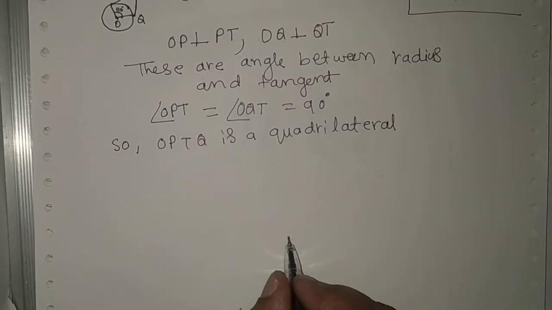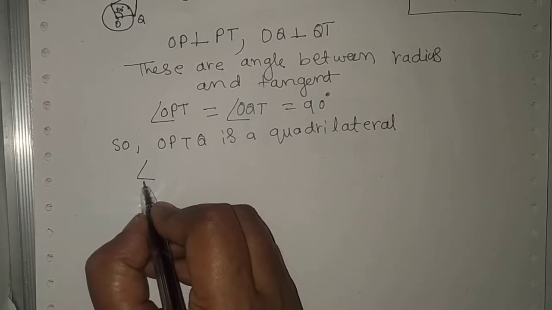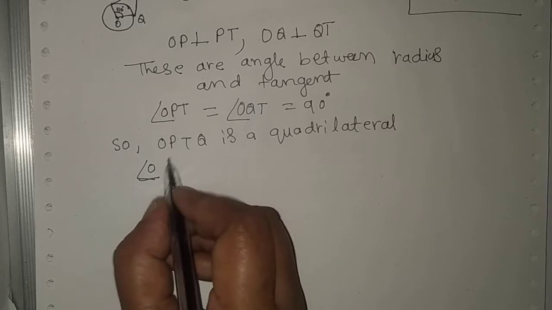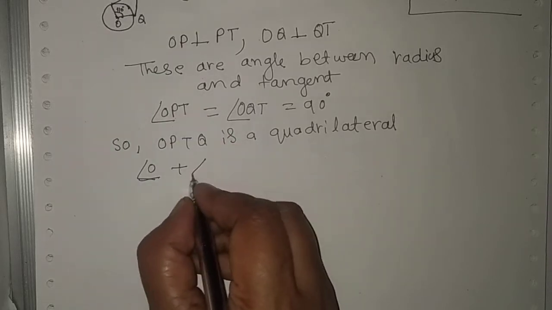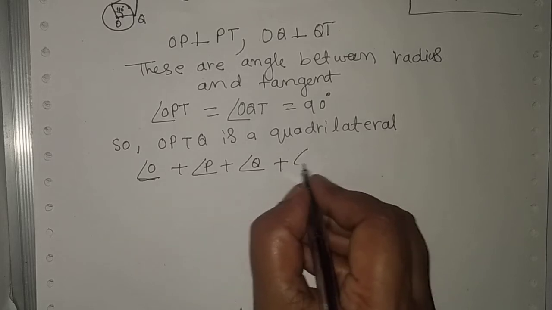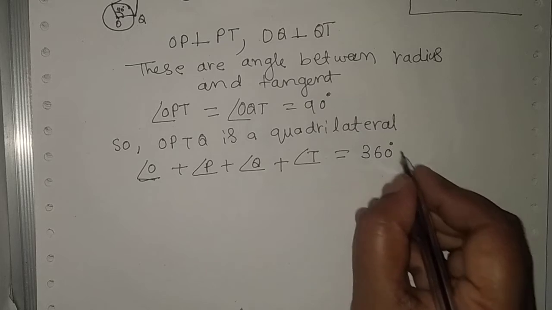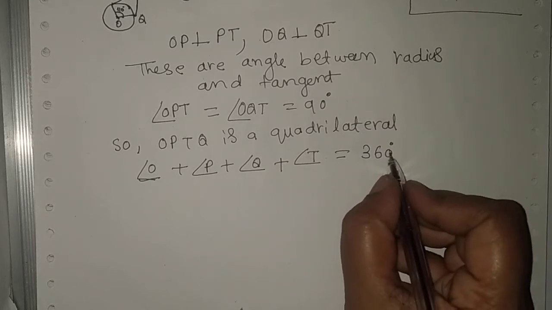Now we sum all the angles of the quadrilateral. Therefore we can write angle O plus angle P plus angle Q plus angle T is equal to how much? The sum of all the angles of the quadrilateral is 360 degrees.